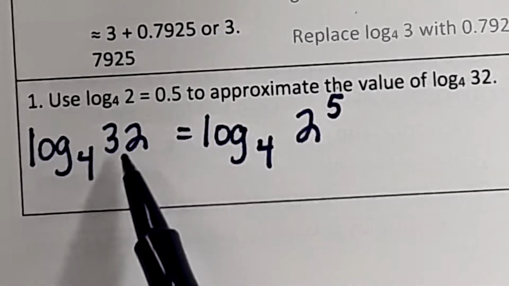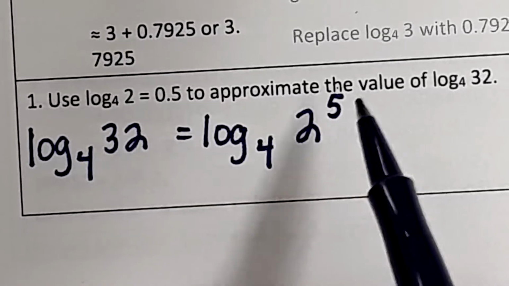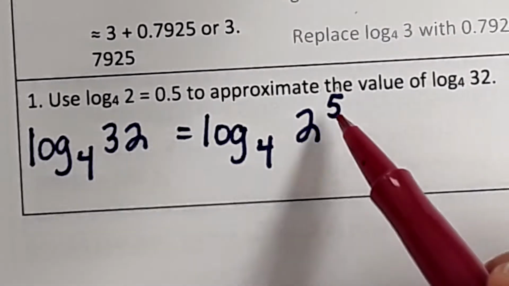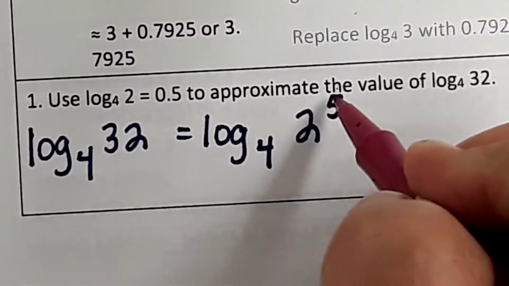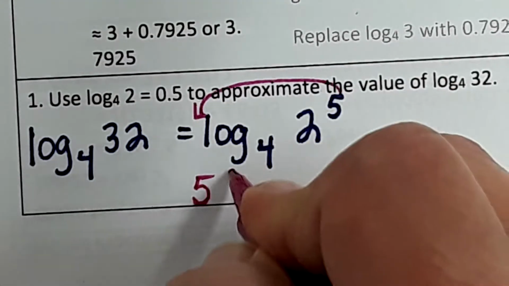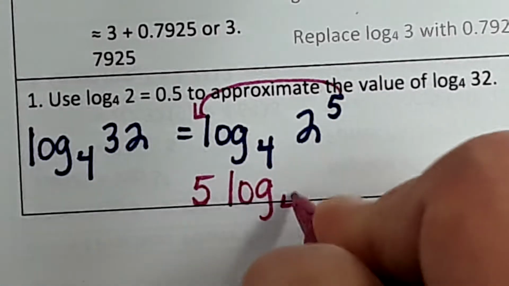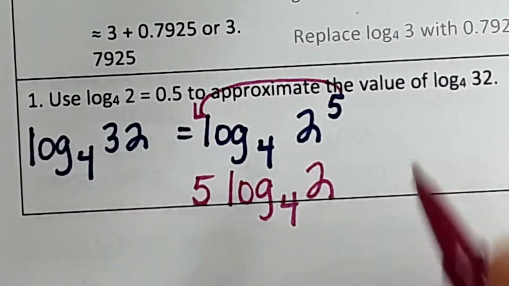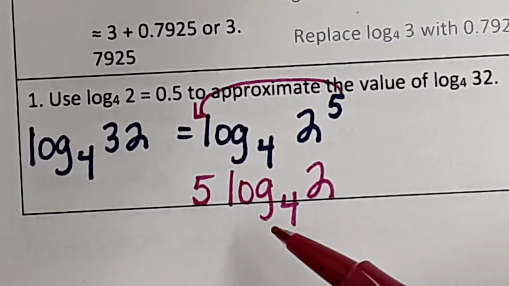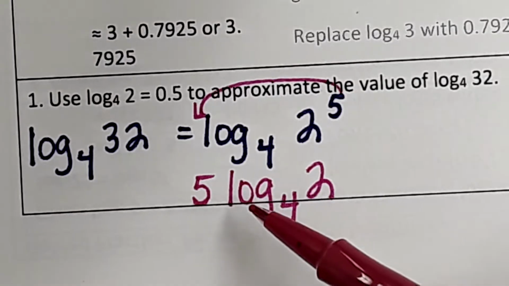So instead of writing 32, I just wrote 2 to the 5th. Now, what I can do is use the power rule. The power rule states when there's an exponent here, that is going to go in front of log. So I'm going to have 5 log base 4 of 2. Now, look, you guys. They gave me something, right?